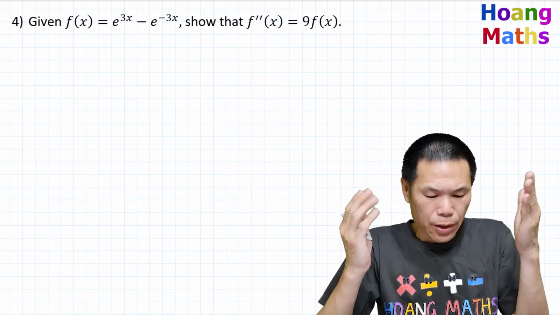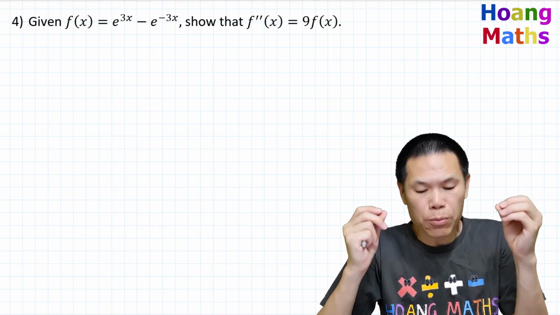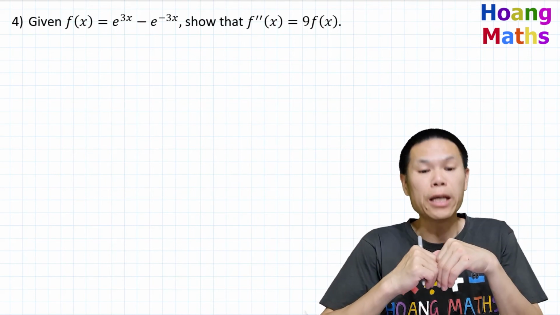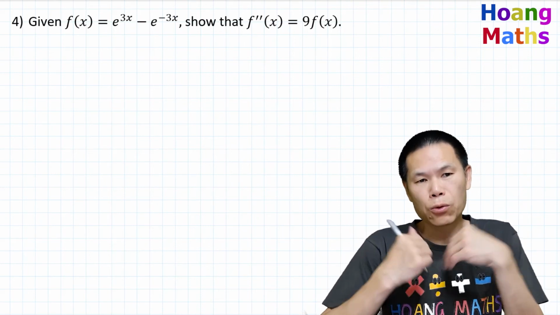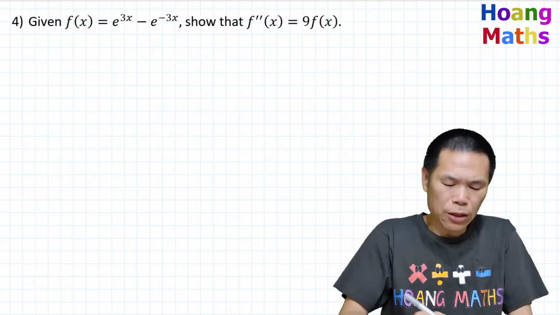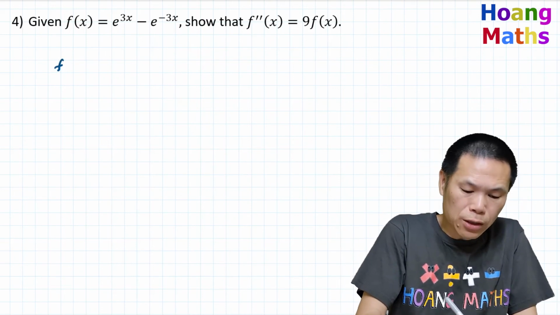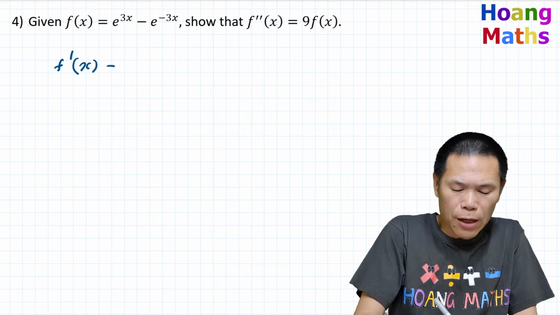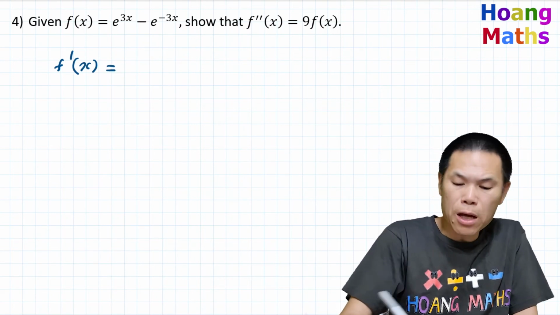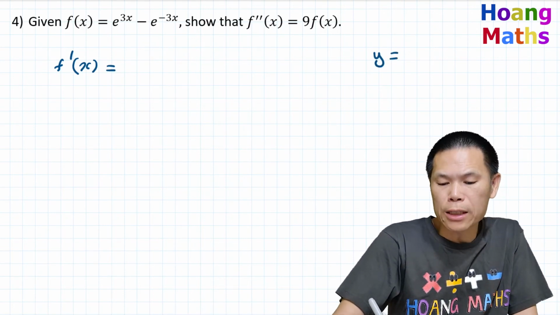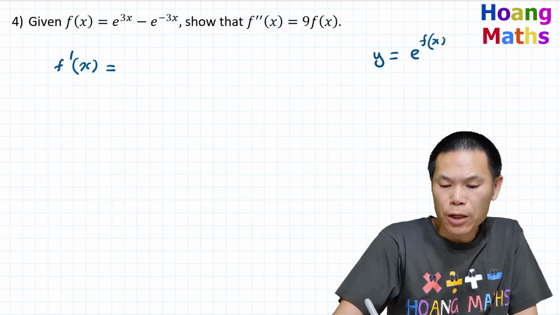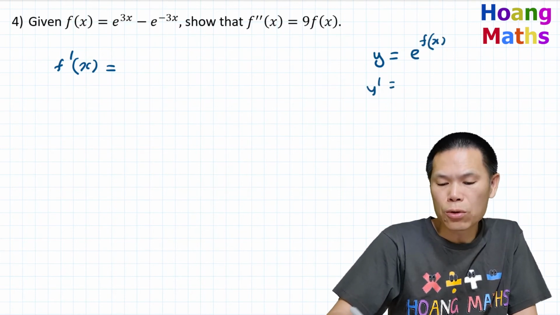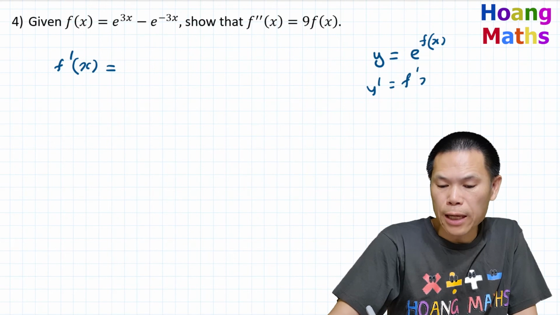Last one. So we need to show f double dash of x is equal to 9 times f of x. So we just find the second derivative of the function first. So the first derivative of the function is, remember when y is e to the f of x, y dash is equal to f dash x, and we times e to the f of x.